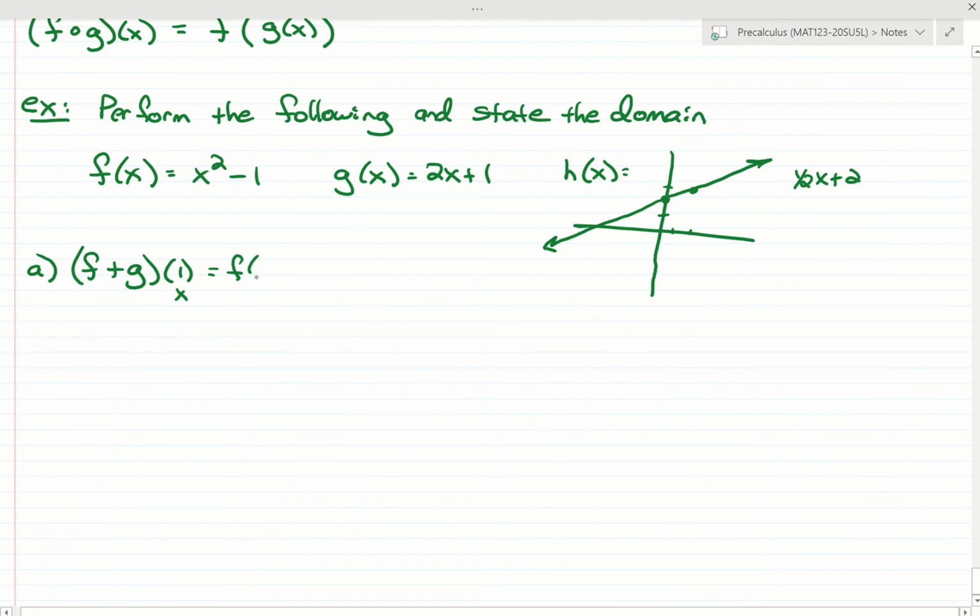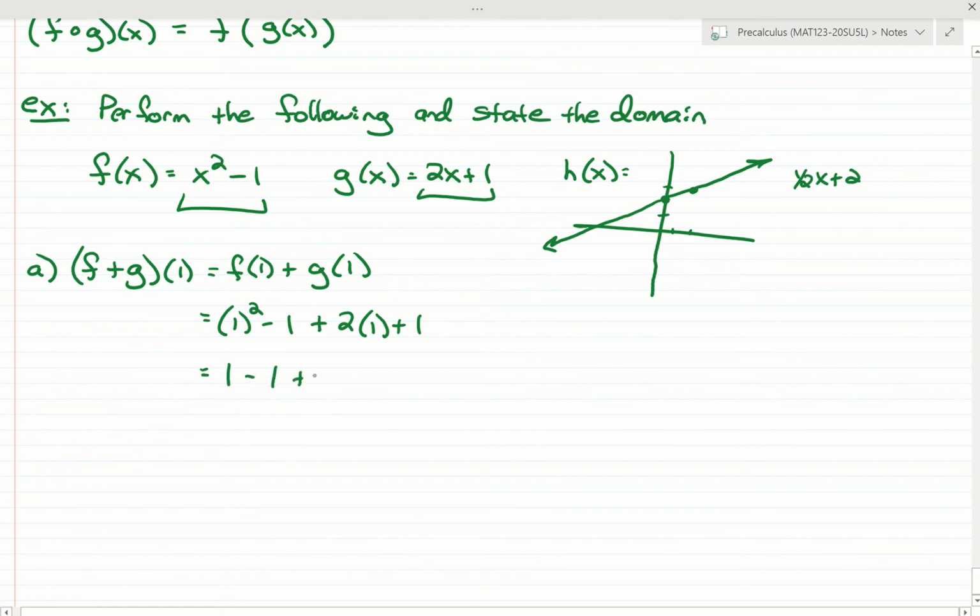So we're going to have f of 1 plus g of 1. f of 1 would be 1 squared minus 1, using the function f of x, plus g of 1, 2 times 1 plus 1. This is going to be 1 minus 1 plus 2 plus 1, which is 3. So there's no real domain to talk about here. The answer is just 3. We'll talk about domain if there's an x in it.